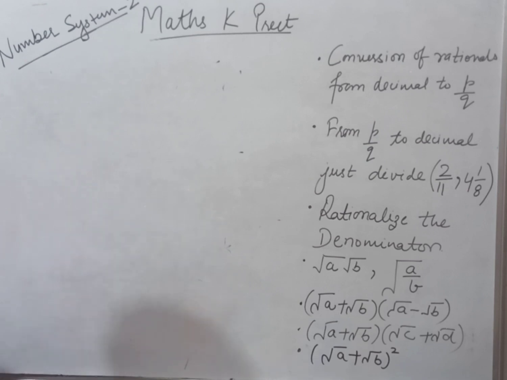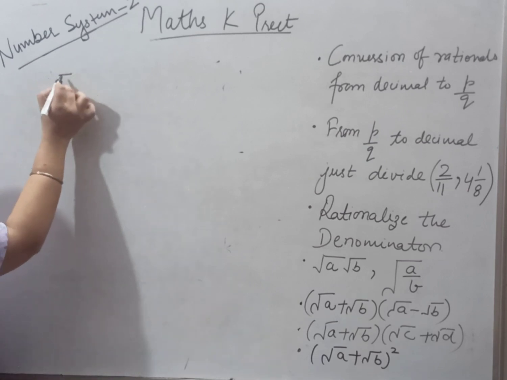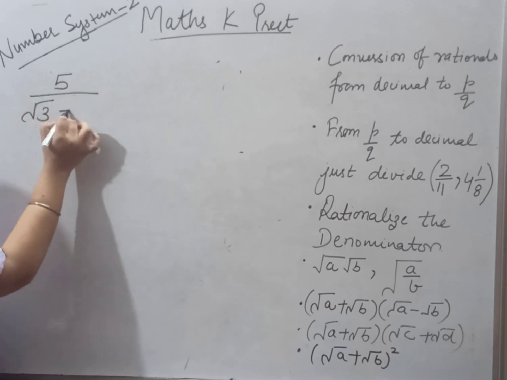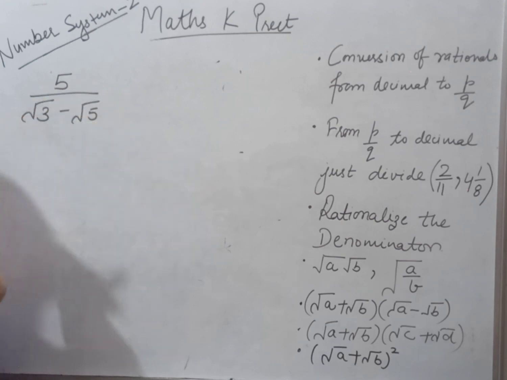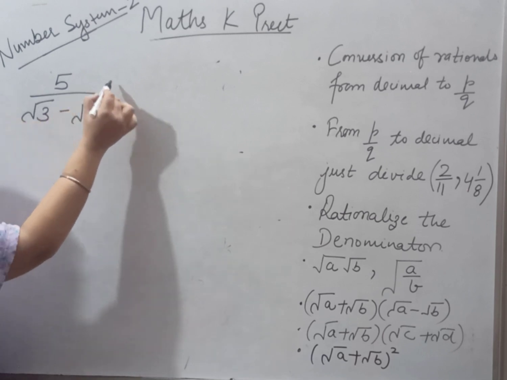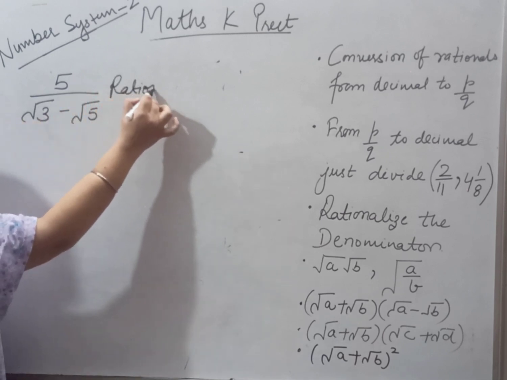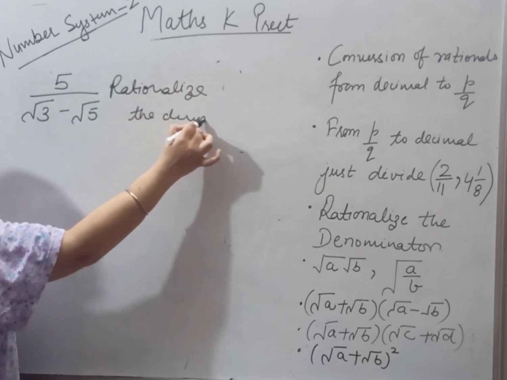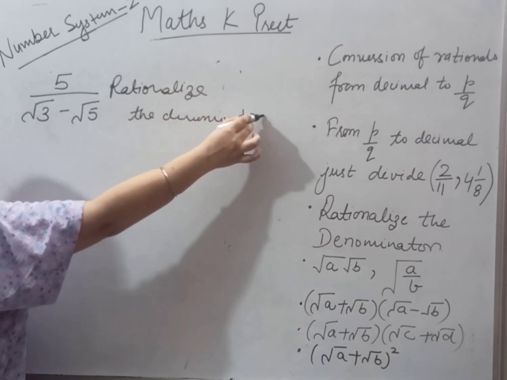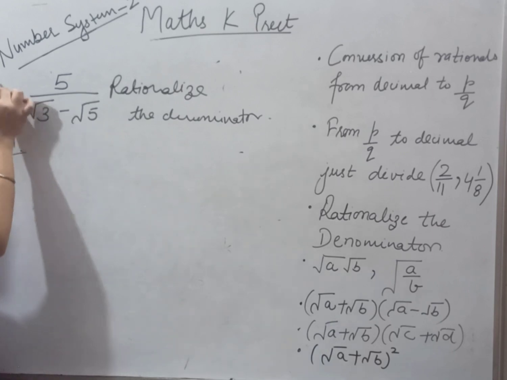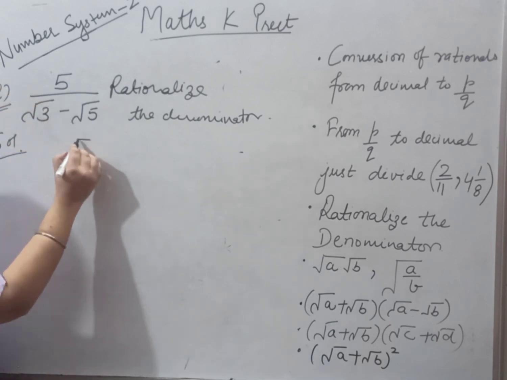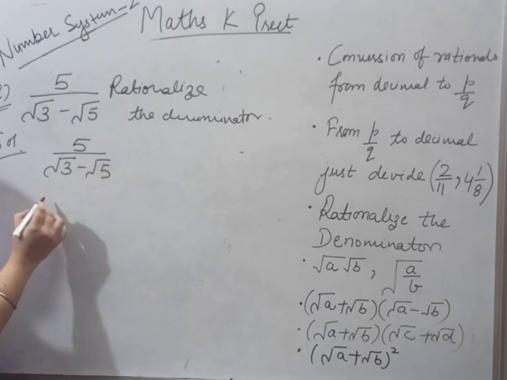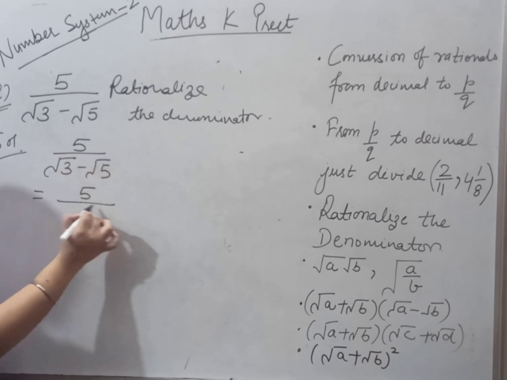So if I have this number, 5 divided by root 3 minus root 5, and it is asking me to rationalize the denominator. What I will do is write the number for the first time in the solution, and this number is equal to what?